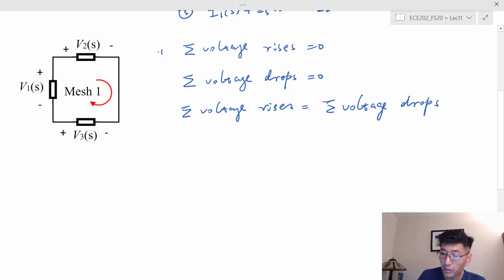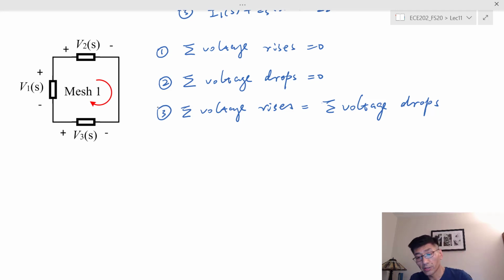Right, so let's call this one the first convention, the second convention, the third convention, and we can use this simple three-element mesh to illustrate this, right?